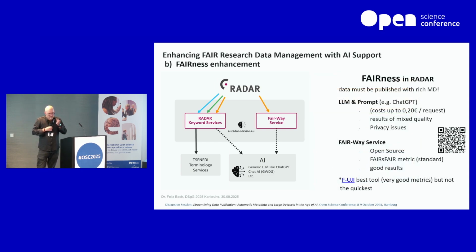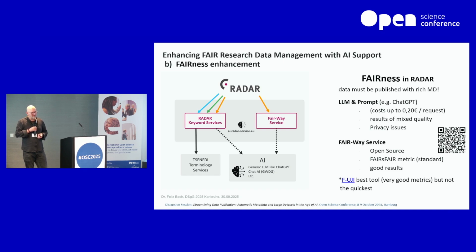The other thing we are trying to achieve is a fairness assessment. And for this, we also considered large language models and, of course, the available tools like Fuji. This is a fairness assessment tool.